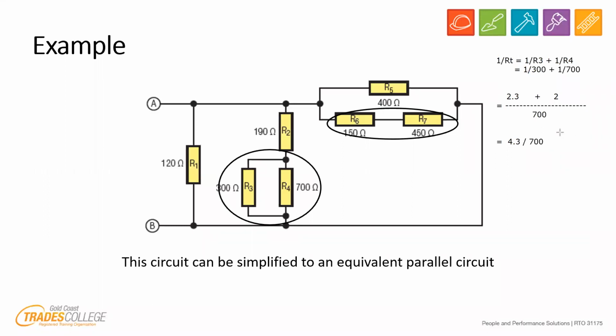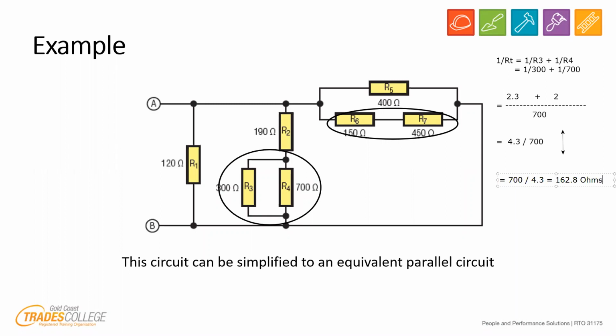Now I've got 4.3 over 700, and we need to flip it upside down. So 4.3 over 700 flips to be 700 divided by 4.3, which gives us a resistor total of that part of the circuit, 700 divided by 4.3, 162.8.